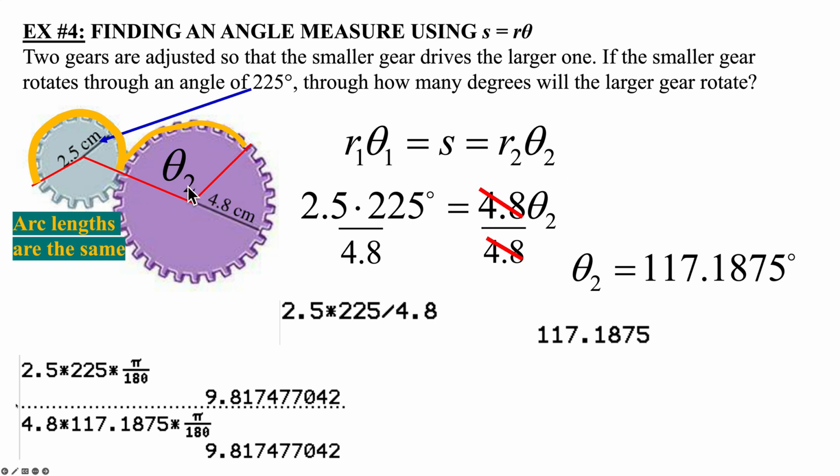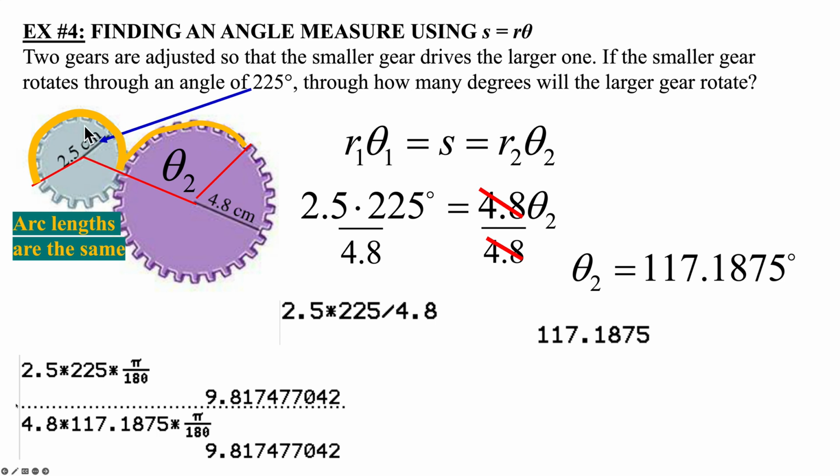Now the other thing, pay attention on the bicycle problems. Let's say this big gear is where your pedals are at, and there's a chain going back to the smaller gear on the back tire. Okay, and then they also give you the radius of the tire. Now, because those two share the same axle, it's not about arc length.